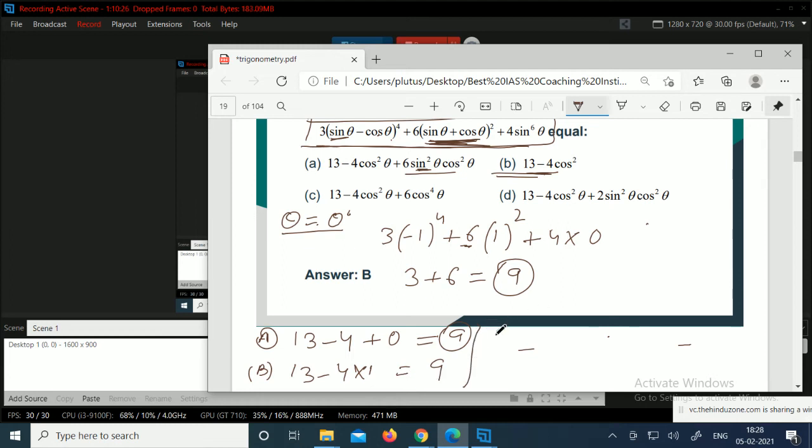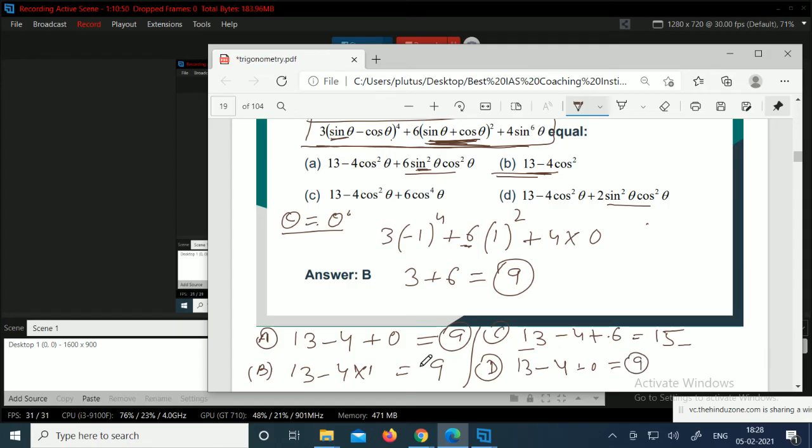In option C, 13 minus 4 plus 6, so that value is 15. If I put in option D, so 13 minus 4, and this is 0. So here is 9.